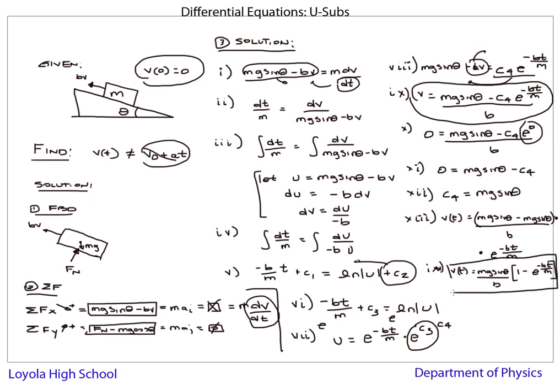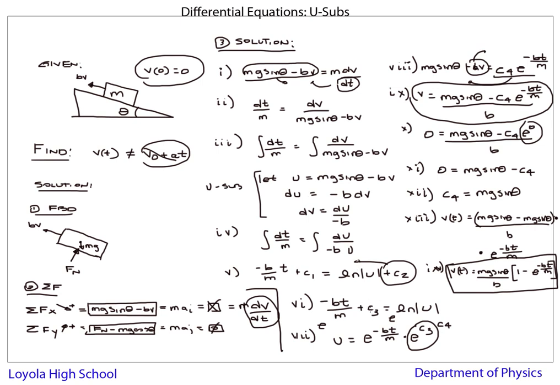So it's a lot of steps, and I broke it down in lots of detail. But basically, from the force equation, I have a situation where I have something that looks like a log, but there's a constant sitting in front, which leads me to the u sub. Here's the u sub. I perform my u substitution, perform the integration, which gives me a log.